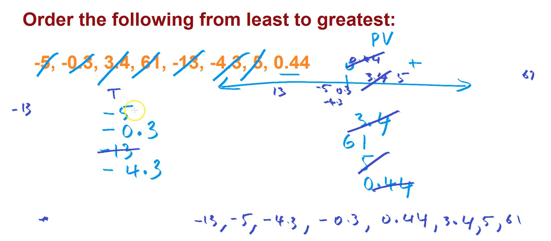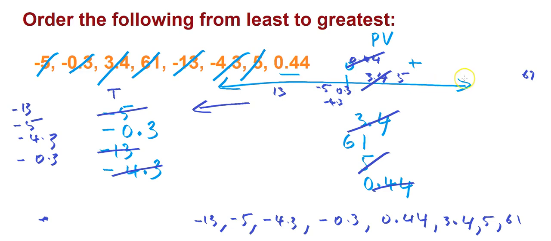Now you're looking for the biggest digit here because the bigger the minus, the further down the number line it is, so we're looking for big numbers here. So 5, 0, 4, so 5 would be next, so that's that one. We've got a 0 and a 4, but 4 is bigger than a 0, so -4.3, and then we have -0.3, right? And that is the same order as we have here.